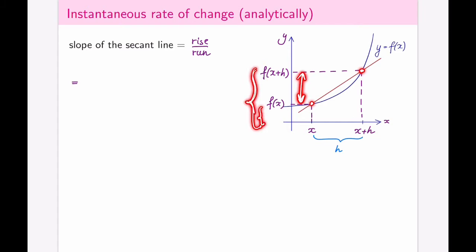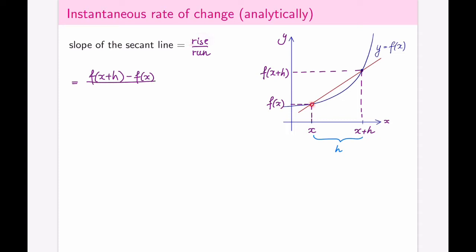If I take the entire distance and subtract this little beginning bit, then I will have exactly the distance that I want. Pause the video here for a second and persuade yourself that this is indeed the case. f of x plus h minus f of x will give me this actual difference between the two y-coordinates and therefore the rise between the 2 points. So the larger of the y-coordinates minus the smaller of the y-coordinates represents the rise.